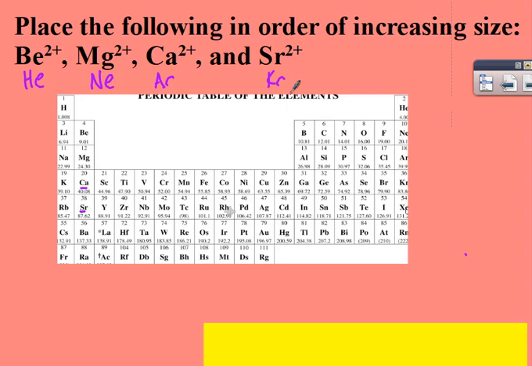So are these isoelectronic with each other? No. So they are ions, but they're not isoelectronic. So this question becomes very easy because we are just placing them in order of increasing size. Well, we can basically rank helium, neon, argon, and krypton in order.